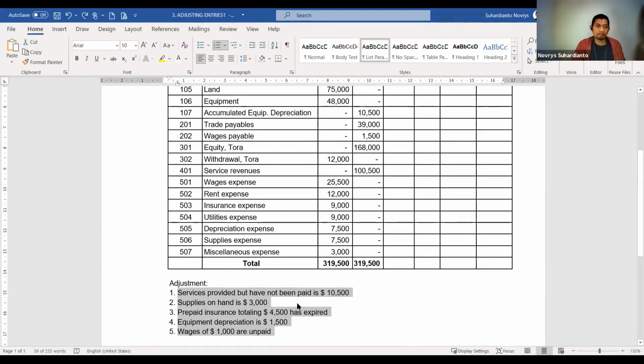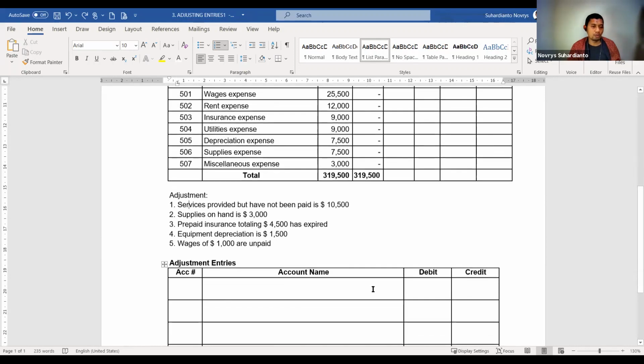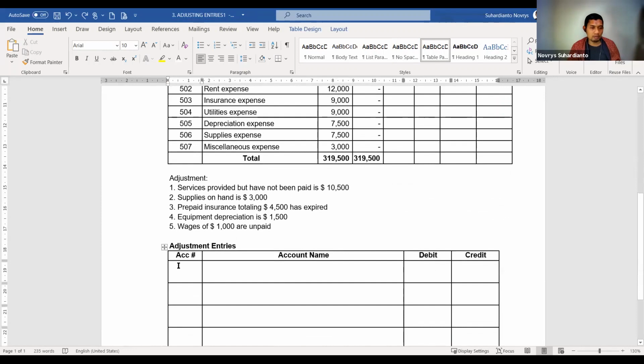Okay, the first item, services provided but have not been paid. So the business already provided the service, but the customer has not paid yet. So how do we make the adjustment for this?